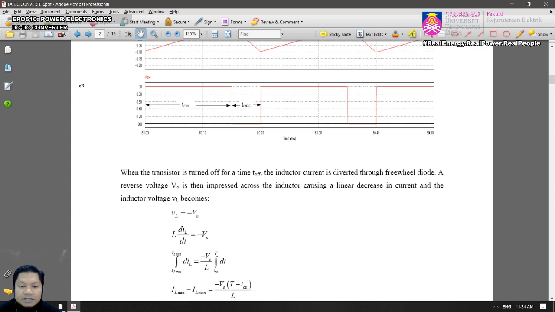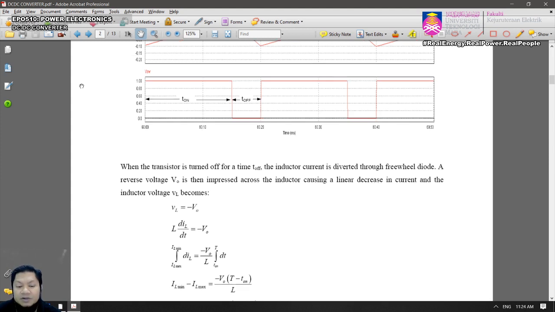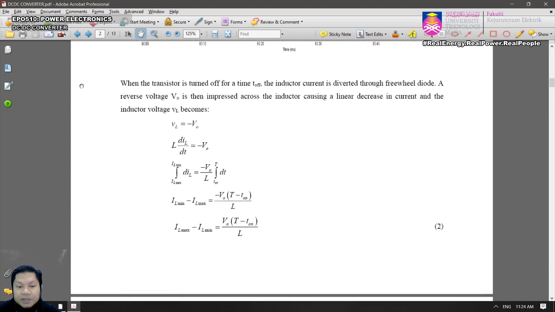When the transistor is turned off, for time t off, the inductor current is diverted through the freewheeling diode. So turn on the freewheeling diode. A reverse voltage Vout is then impressed across the inductor, causing a linear decrease or linear fall in current, and the inductor voltage becomes VL equals L dIL over dt equals minus Vout. And again, now look at the limit.